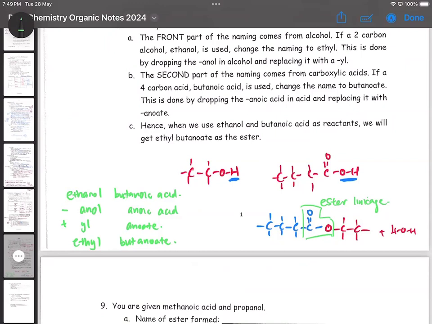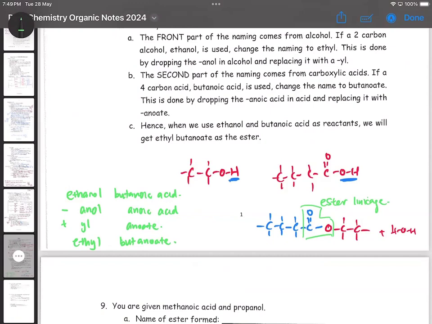Okay, how do we write the chemical formula? So one way we write the formula is we try to show the structure, how the atoms are arranged. So I give you a few ways this thing can be written.